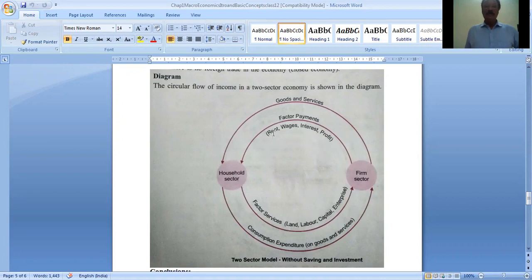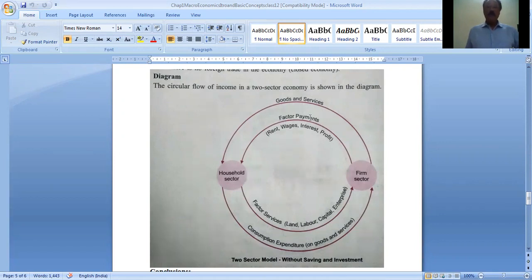For land, they receive rent; labor gets wages; capital gets interest; and enterprise gets profits. So household sectors give their services in the form of land, labor, capital, and enterprise, and the firm sector in return gives factor payments in the form of rent, wages, interest, and profits.